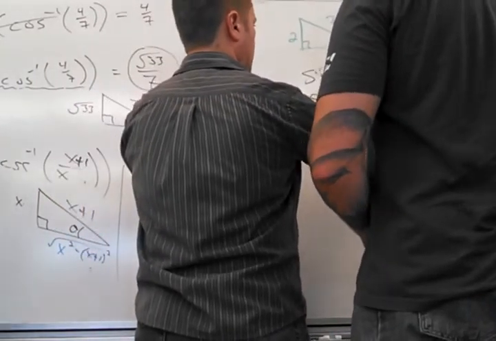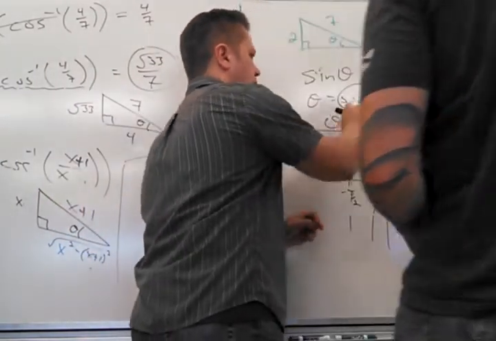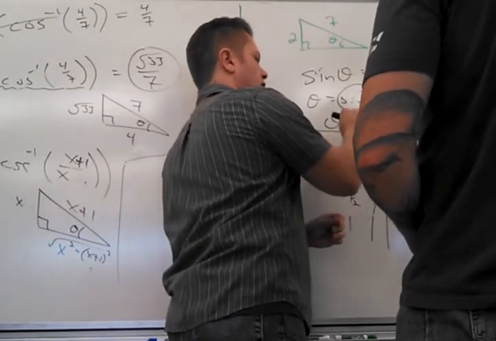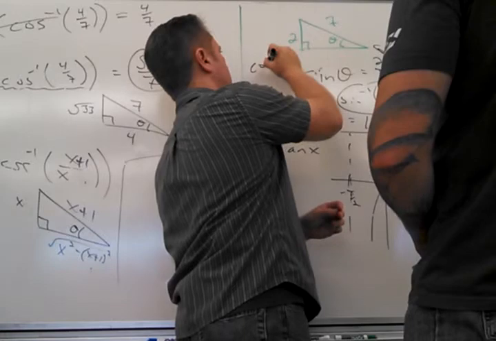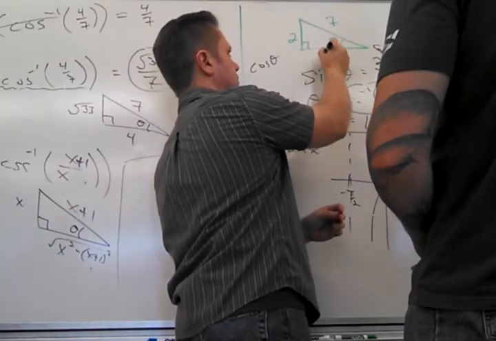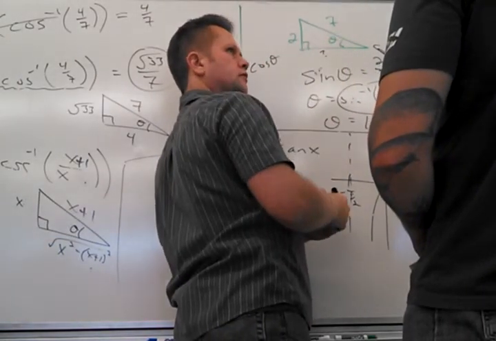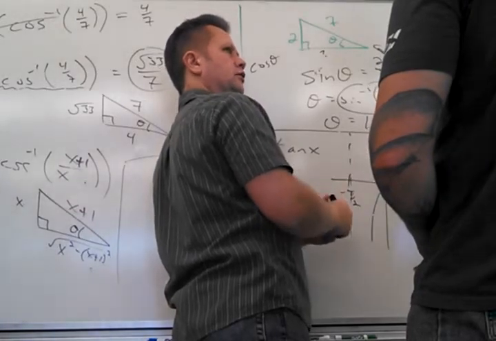Because watch this. I had to use a calculator for this because I wanted to know exactly what theta was. If all I wanted to know was what the cosine of theta is, all I need is the left side. There you go. So then I wouldn't have to use the calculator, would I?